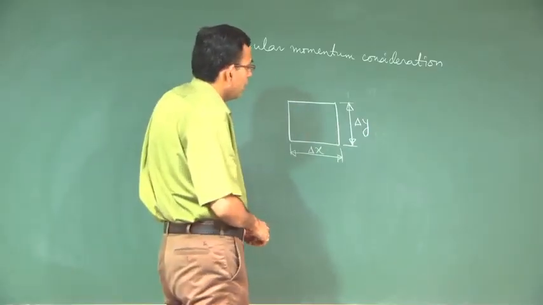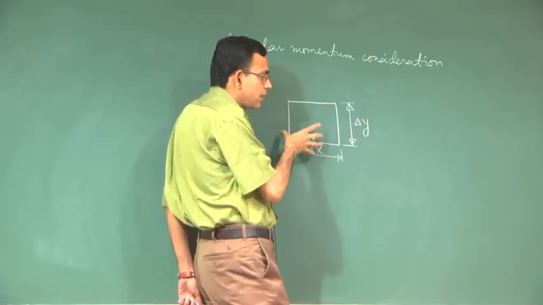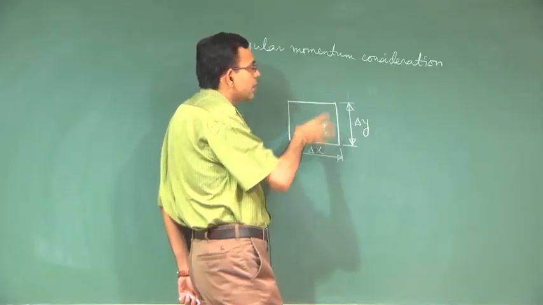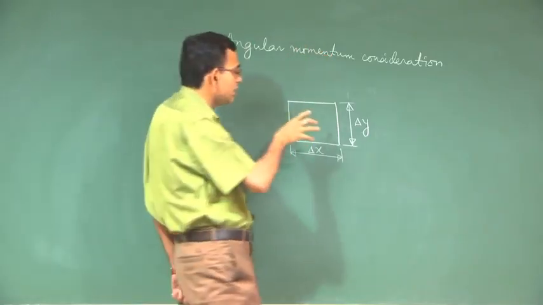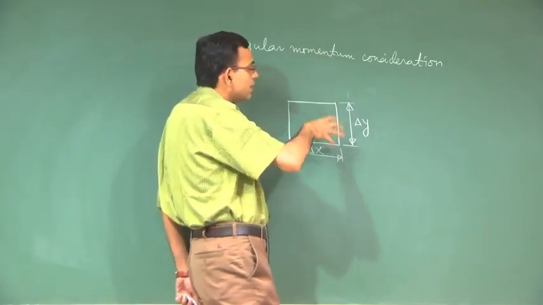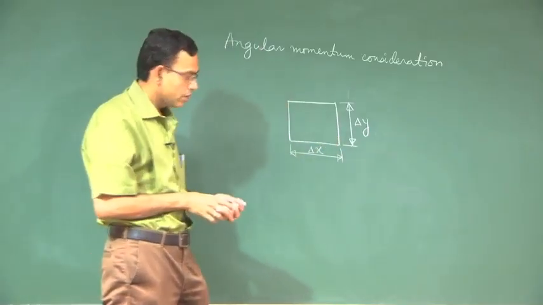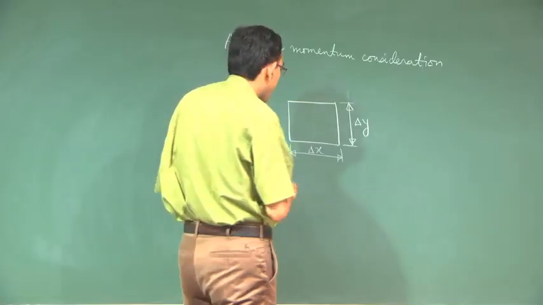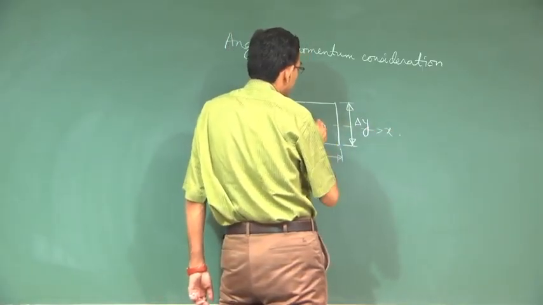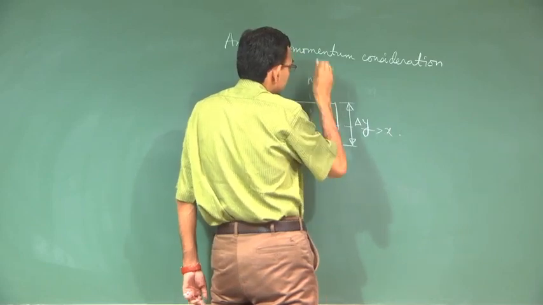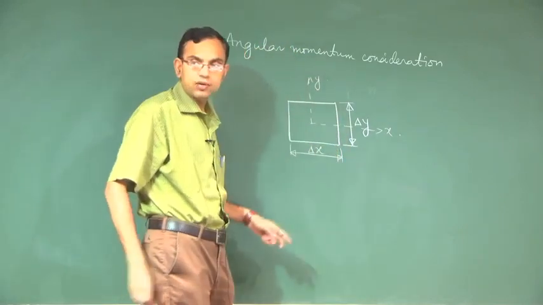We are considering a 2-dimensional element for simplicity, the reasoning being that angular momentum considers rotation, and rotation in a particular plane may be represented by a simple planar figure. So, let us say that we have our x axis and y axis such that the origin belongs to the centroid of this rectangular element.